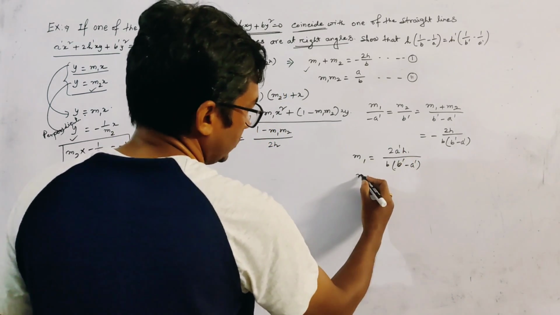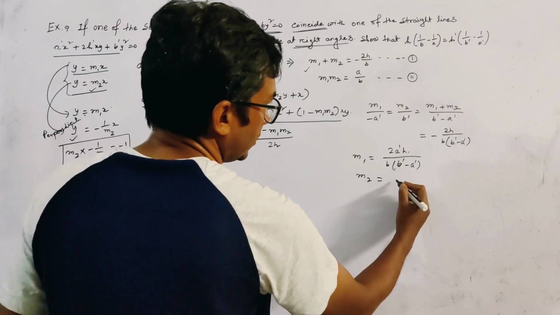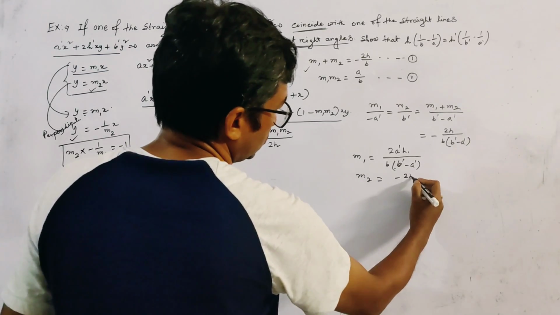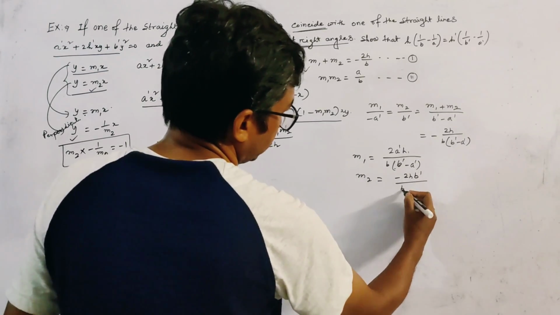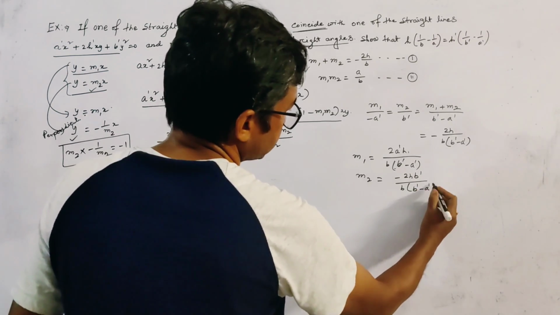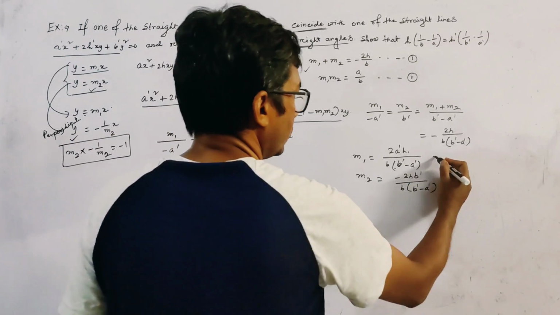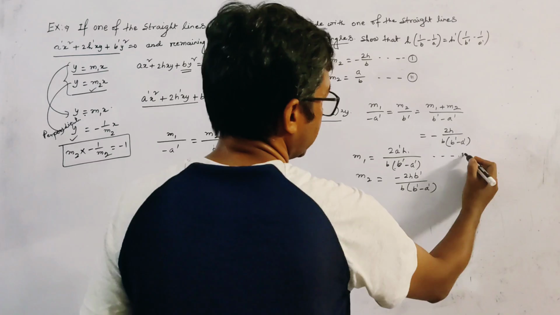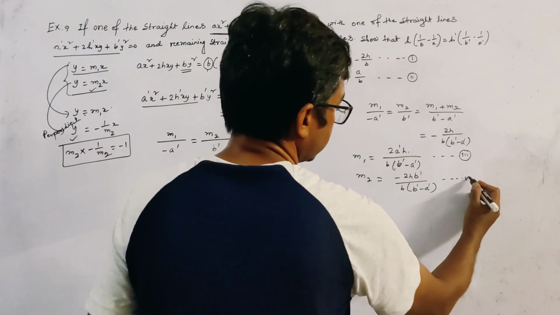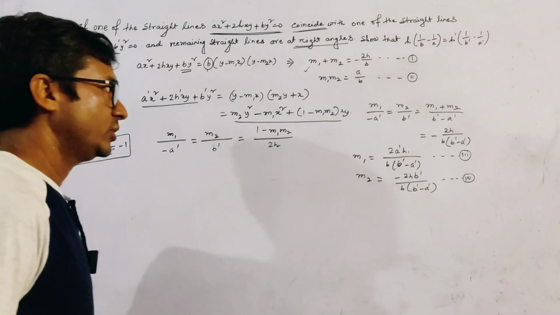And from here we get m2 = −2hb'/(b(b' − a')). We name this relation number 3 and this relation number 4.